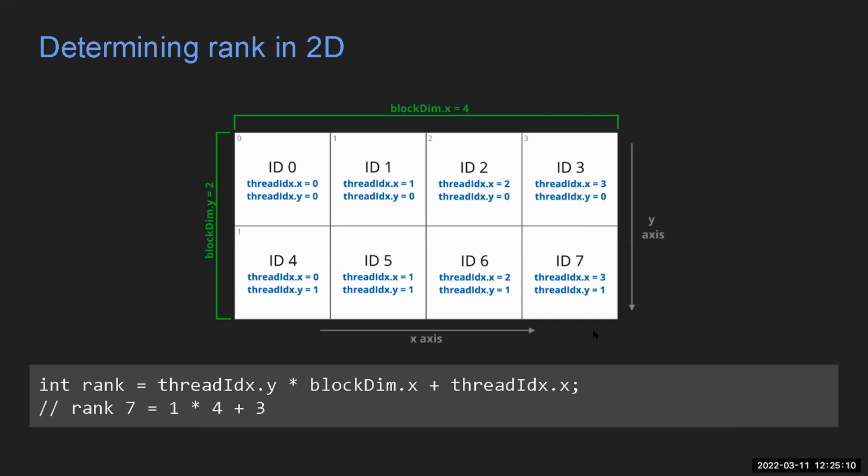I should also note that this is my way of looking at blocks, identifying them and computing a rank for them. There are multiple ways to go about it. For example, you could look at it in row major order, in which case the computation will be slightly different. That's up to the needs of your computation and the problem layout.